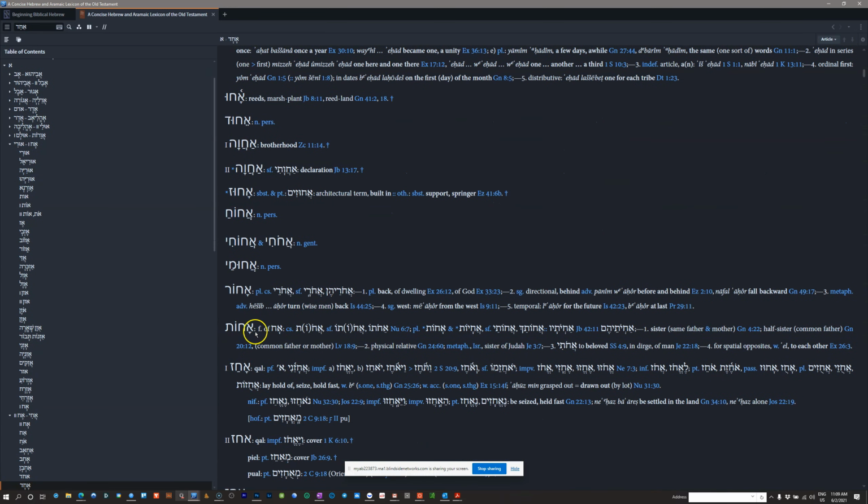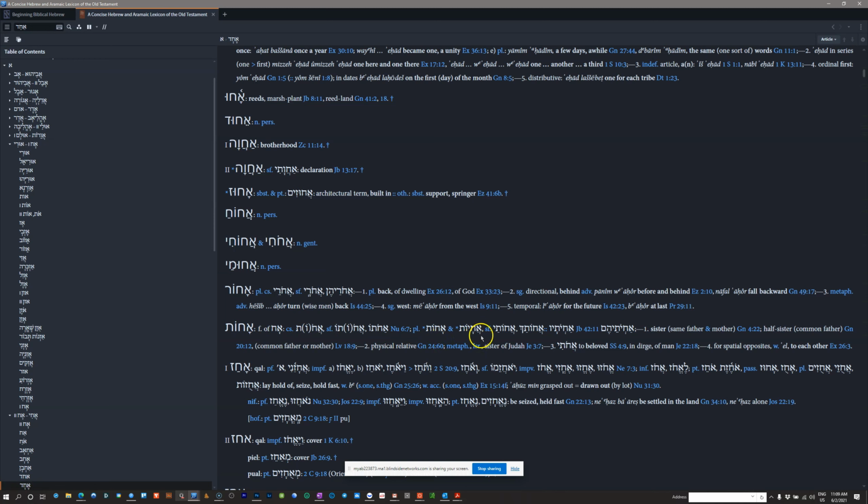Well, we'll come down here to Achot, and we'll look for the plural form. And it actually doesn't list one, I don't think. Feminine of Ach, construct form, suffixed form, plural. Oh, here we go, Achot. Okay, so it is the same. Achot, feminine singular, is here.